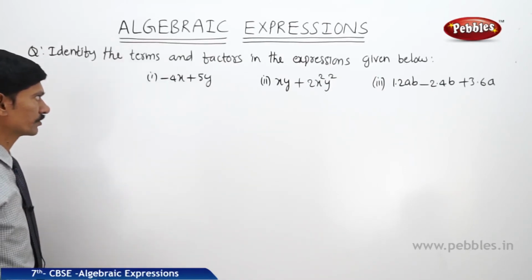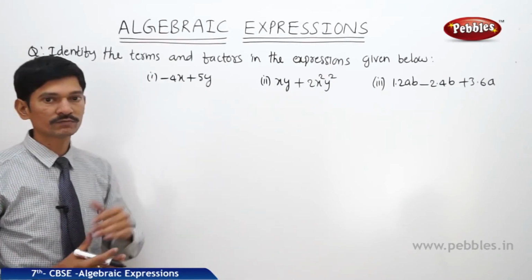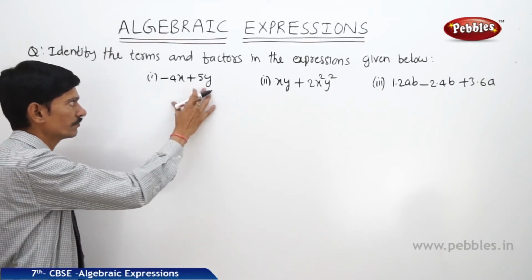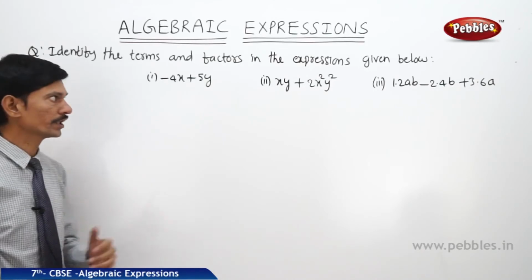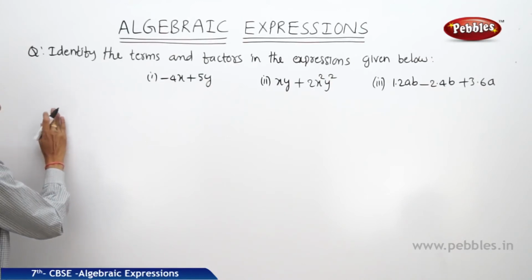Now let us take the first question, minus 4x plus 5y. What are the terms of this algebraic expression? The terms are minus 4x and 5y. It consists of 2 terms, so it is said to be a binomial.